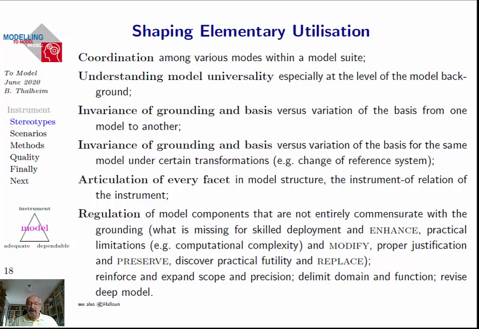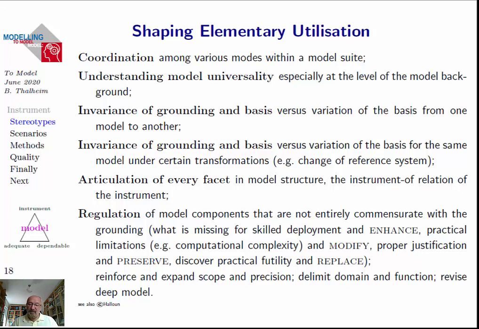And we have maybe some regulations of the model components that are not entirely commensurate with the grounding. In this case, we know how to develop things furthermore. What is missing for skill deployment, we can enhance. We have practical limitations, so we can modify.